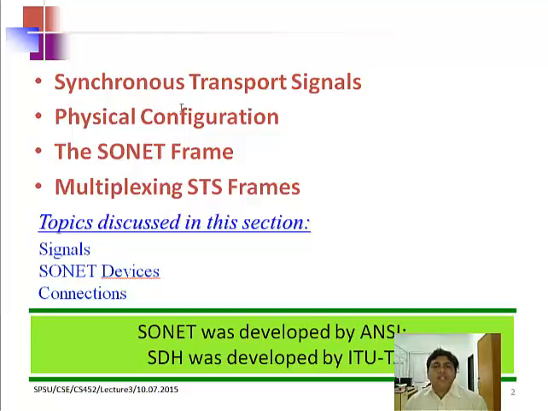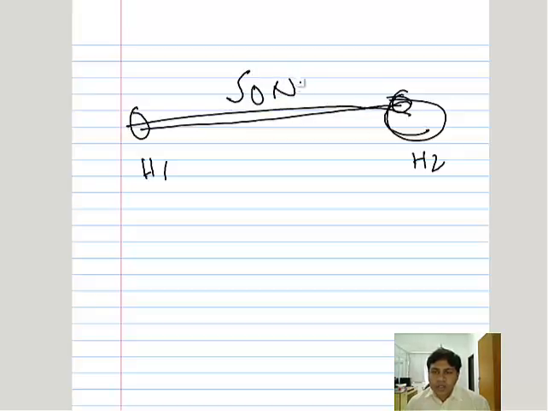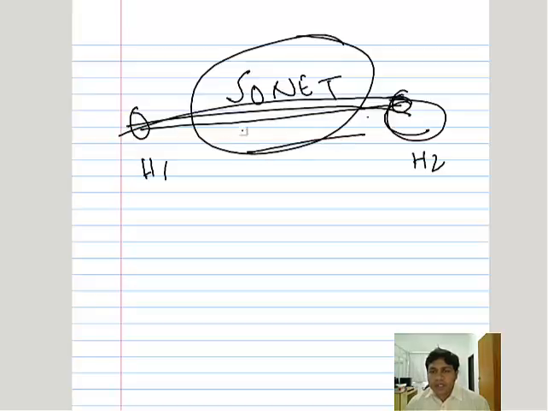So SONET is basically the architecture used in wide area networks. When we talk about a WAN, for example, this is home network 1 and this is home network 2. When a link is created between these two home networks, this is defined by SONET. When we have multiplexed and demultiplexed signals, we will be discussing the SONET architecture.